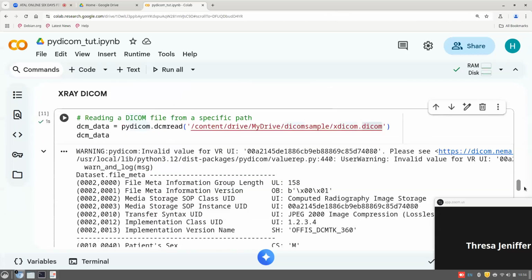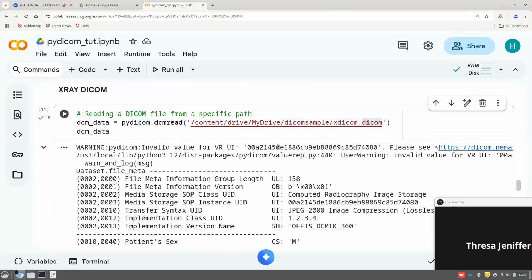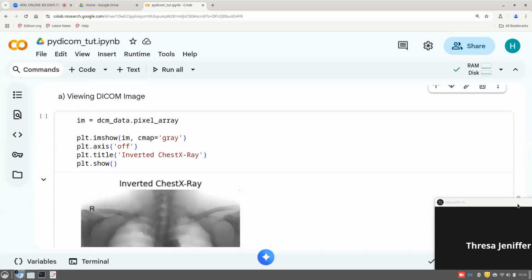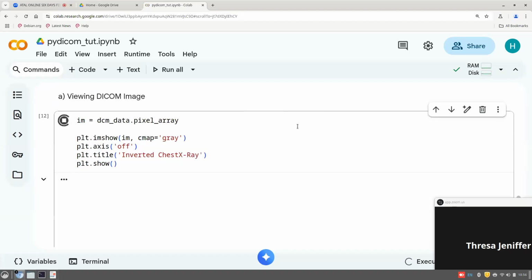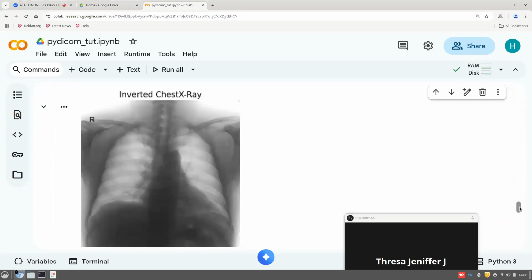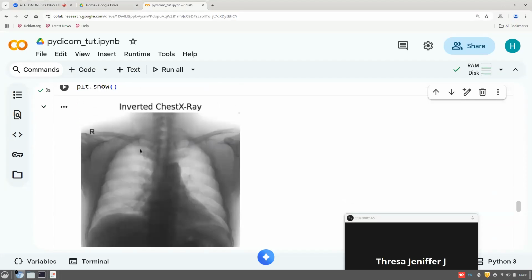And this is actually an X-ray image, but I am seeing an inverted image. Inverted X-ray images mean all the white pixels in the X-ray image are converted to black, and all the black pixels are converted to white.